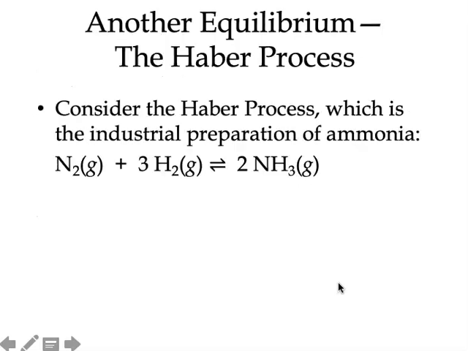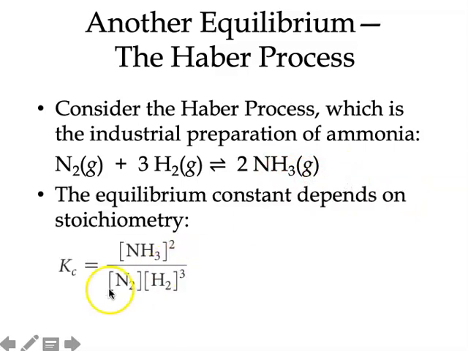So I just wanted to include one slide that shows a real life process, which is the Haber process, probably one of the most important developments of the late 19th and early 20th century. It consumes a ridiculous amount of the world's energy because ammonia is so incredibly important for a whole bunch of different things. If you take a look at the K sub C for this, you'll notice that it's the products, in this case just ammonia raised to 2 because there is a coefficient of 2 right there.